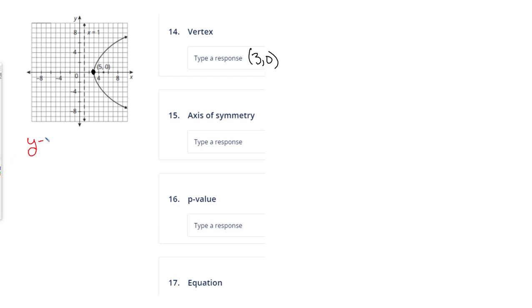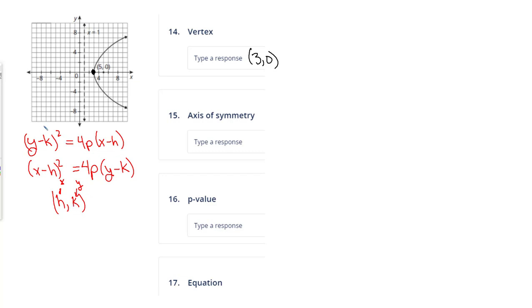So now I have a choice of y minus k squared equals 4p times x minus h, not squared. And then the other one was x minus h, that quantity squared, times 4p times y minus k. And so just remember that on your vertex (h, k), the H will always go with the X's and the K will always go with the Y's.